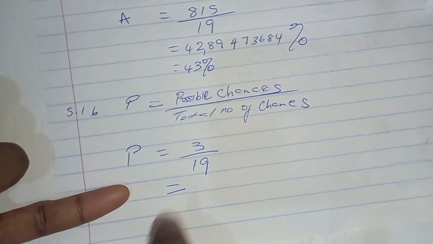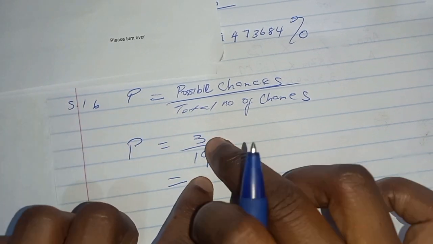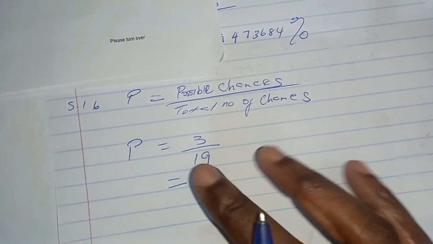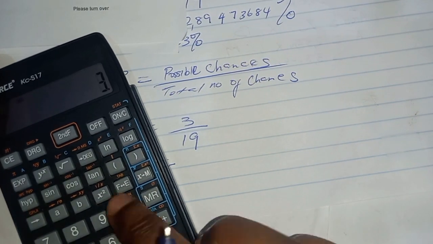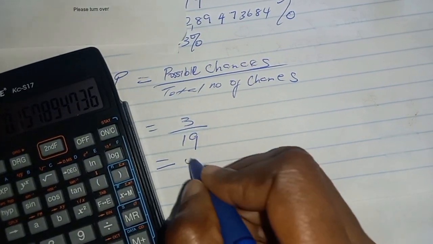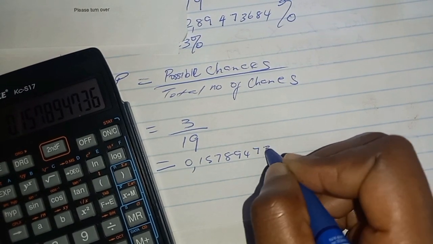But now they said write it as a percentage. So what we're going to do is divide and turn the fraction into a decimal, which is 3 divided by 19, and we get 0,157894736.